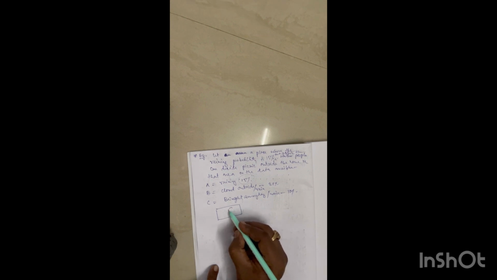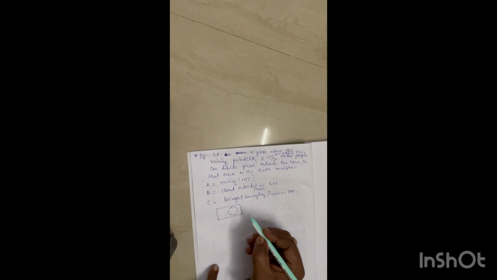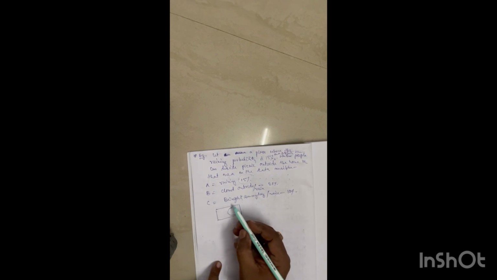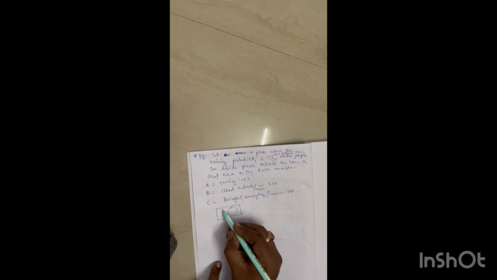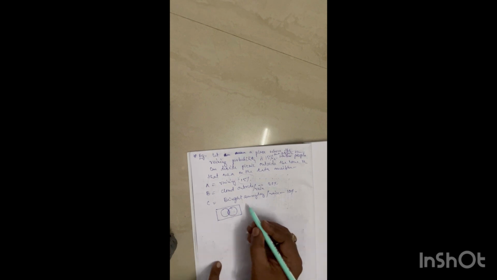There is a fact B, let's say, cloud and rain, and there is another fact, bright and rain. So this is the common intersection, the rain may come.